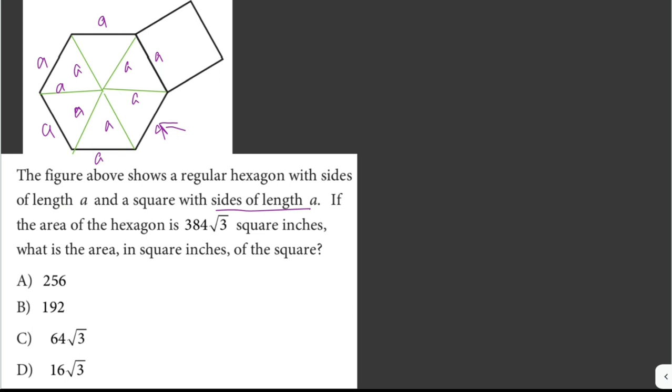Since the area of the hexagon is given as 384 square root of 3 square inches, then the area of each of the equilateral triangles here will be 384 square root of 3 divided by 6 square inches.